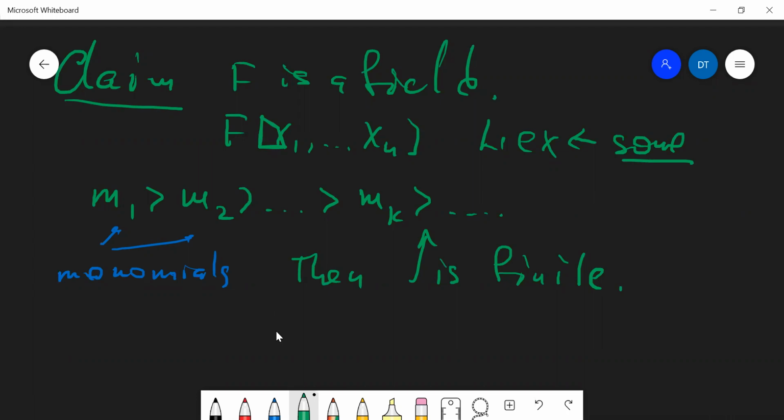Are there any questions regarding this statement? Should I clarify the statement of the claim? Does it imply that basically any descending chain should be finite? Yes, every descending chain is finite, but the length of the chain could be any number.